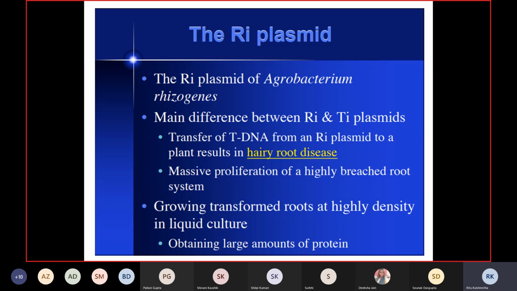So when you're growing your transgenic plants in hydroponic media, you can just harvest the media in which your protein of interest is being expressed. So this is also one of the ways that many people are working with Agrobacterium rhizogenes. But in general, in plant molecular biology labs, I don't see Agrobacterium rhizogenes as a generally used one. It's definitely A. tumefaciens that people mostly use.